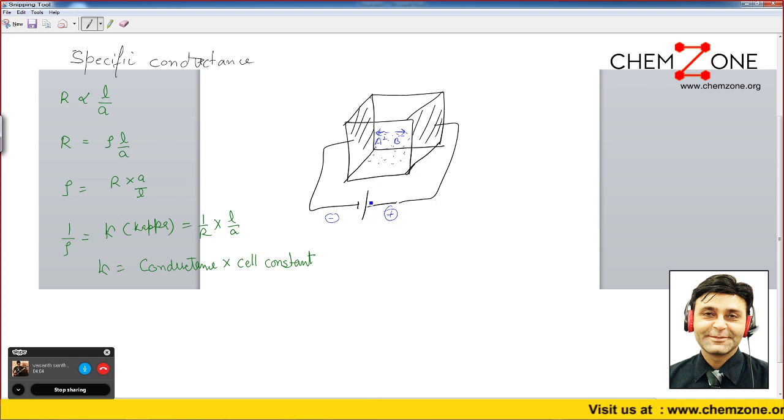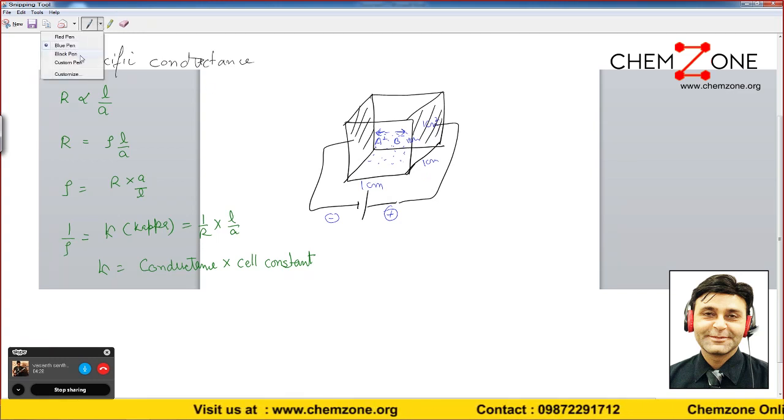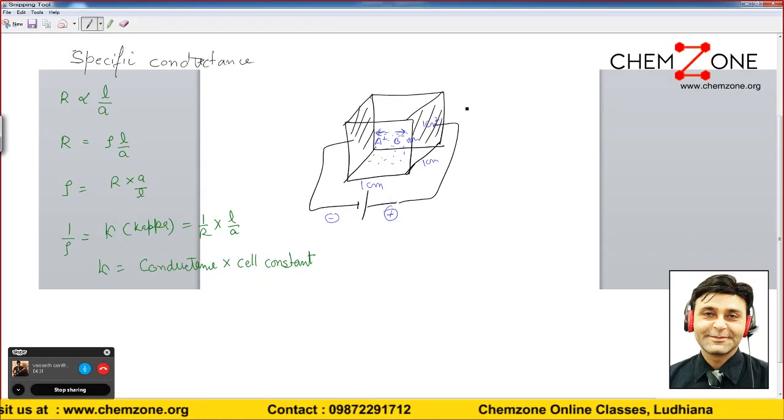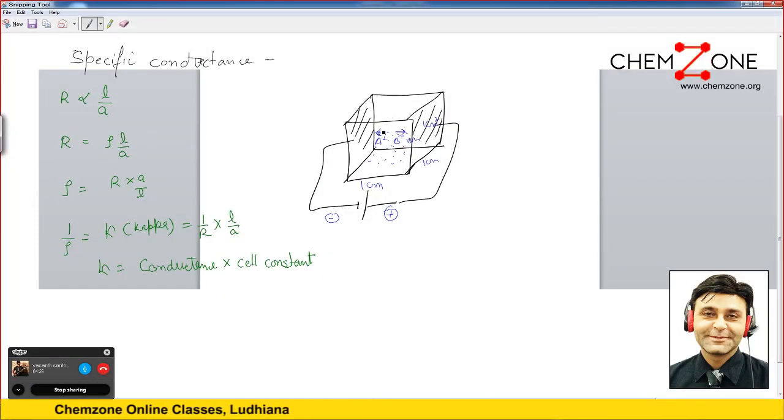How fast or how easily they move is called its conductance. The distance between the two electrodes is 1 centimeter, and the length and the breadth are also 1 centimeter, so the area is 1 square centimeter. In this 1 cubic centimeter, the conductance is due to a certain number of ions.